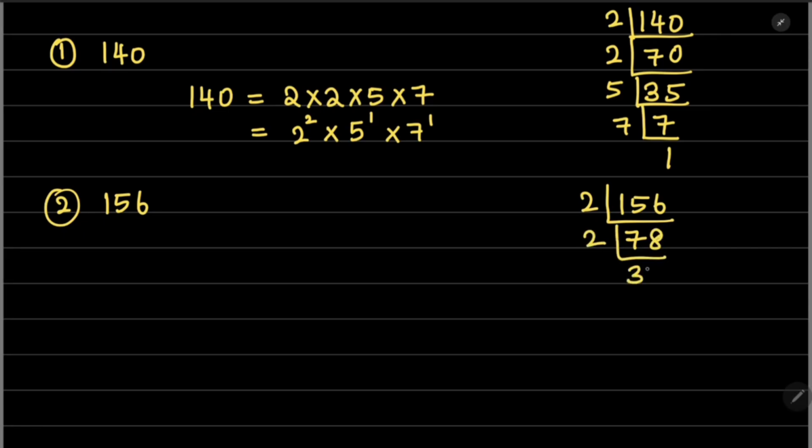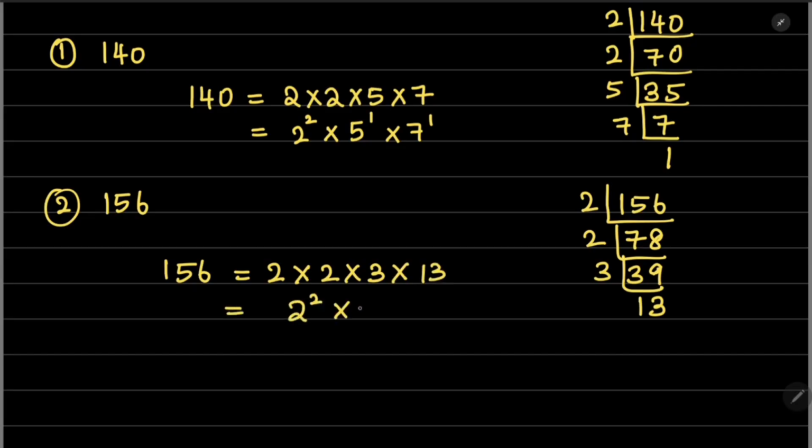Again start with 2. 2 threes are 6 and then 2 nines are 18. Then 3, 13, and 13 is a prime number. So 156 can be written as 2 multiplied by 2 multiplied by 3 multiplied by 13, which is 2 square multiplied by 3 raised to the power 1 multiplied by 13 raised to the power 1.